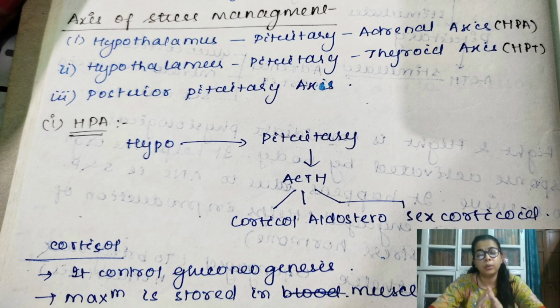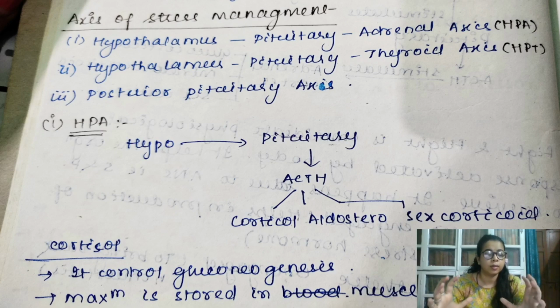As you all know, the pituitary gland is divided into two, anterior and posterior. These three axes are responsible for stress management.